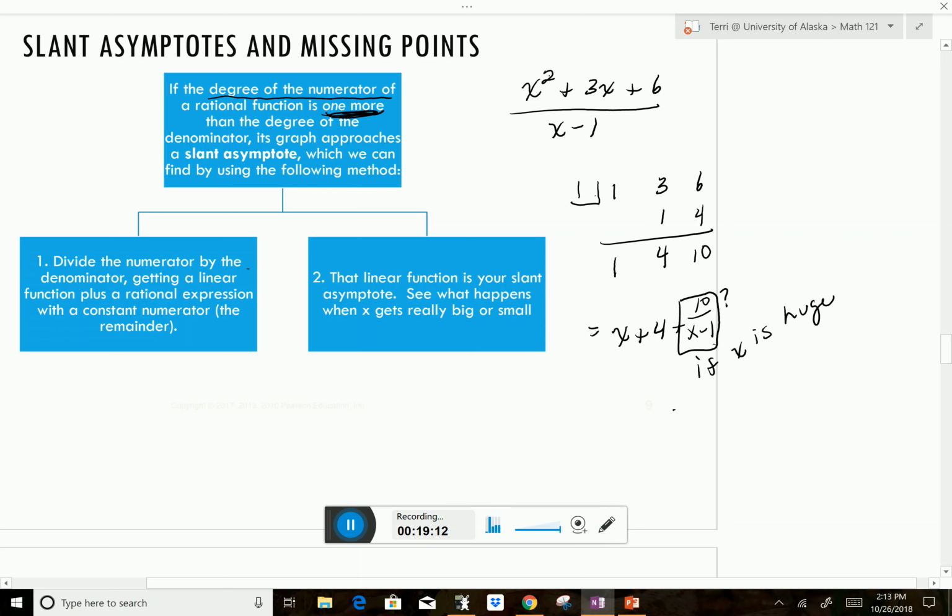So what would this function go to? This line. So we get a linear function plus this rational expression for the remainder. Well, this linear function is our slant asymptote, because this is going to go off to 0. It's going to get closer and closer to 0. So this is going to tell us what happens.